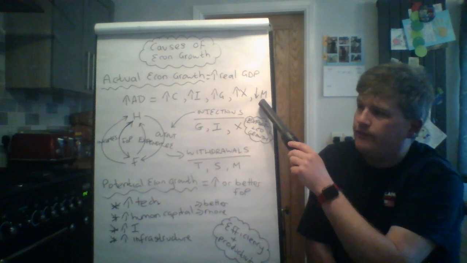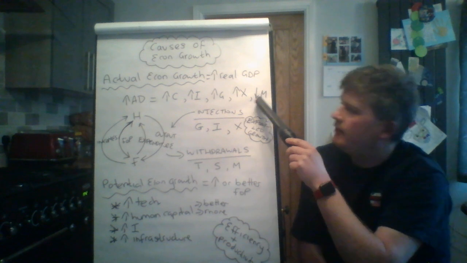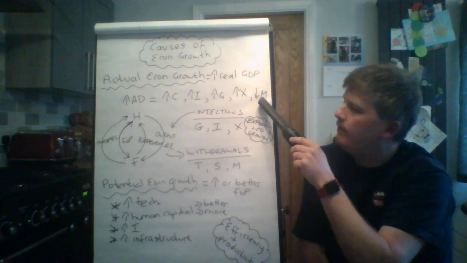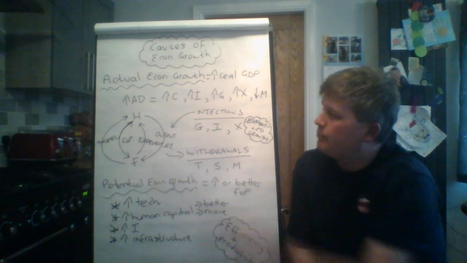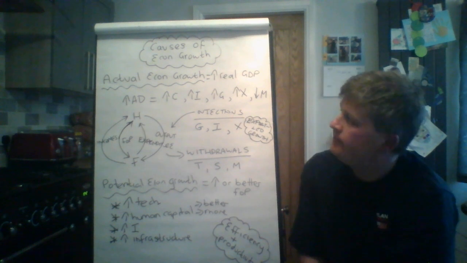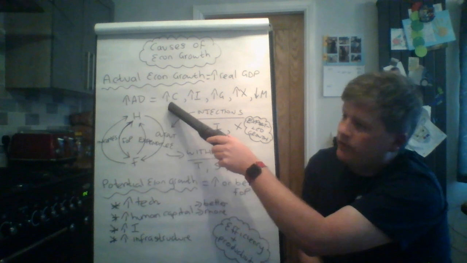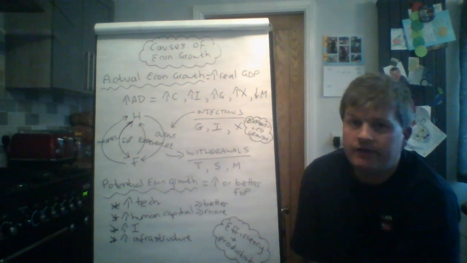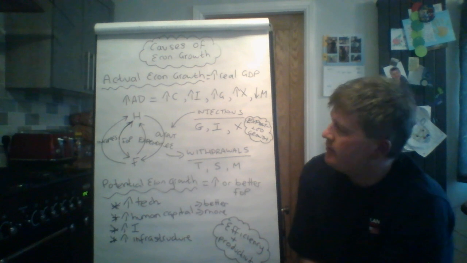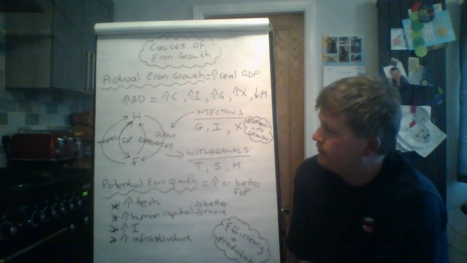If imports were to fall, it could mean that people are starting to shift demand away from foreign goods and services towards domestic goods and services, and that will probably lead to more consumption. So if we get more consumption or more investment or more government spending, more exports taking place, the economy will experience actual economic growth.